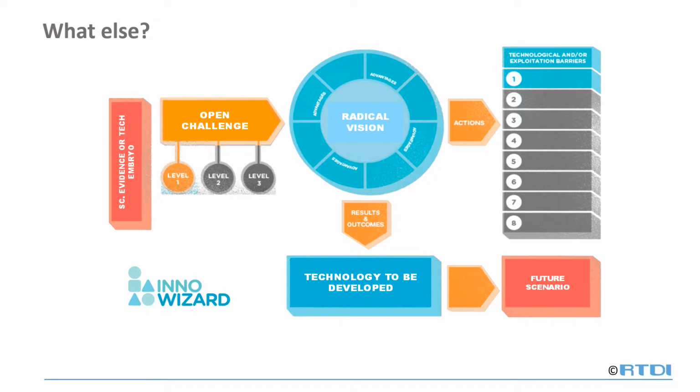What else? You also need to describe the technology to be developed and up to which level you are going to develop it during the project, the technological barriers, but also exploitation-oriented barriers. And sometimes you might start from a scientific evidence or a technological embryo.